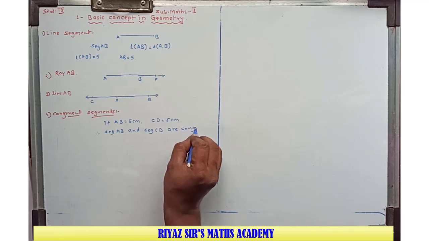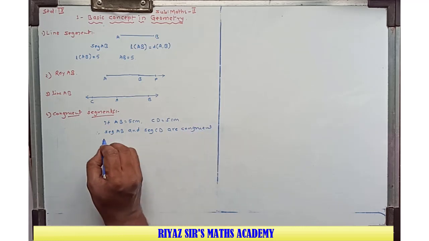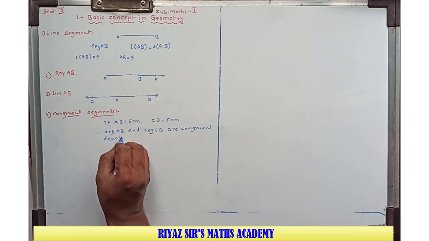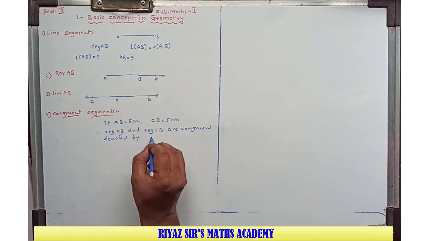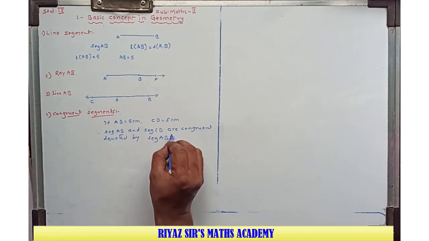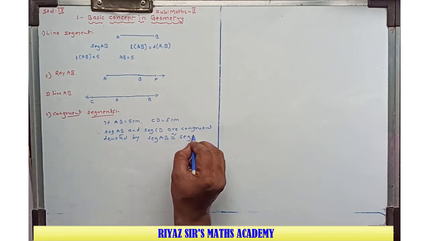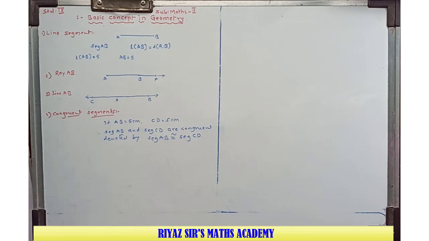When they are congruent, it is denoted by segment AB is congruent to segment CD. So this is the definition for congruent segment. ये congruent segment की तुम्हारी definition रहेगी.